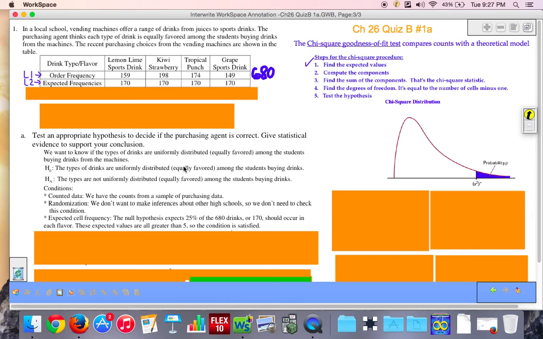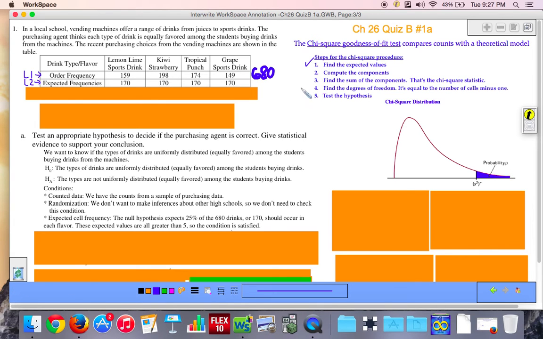Again, degrees of freedom is n minus 1, but in the chi-squared distribution, n represents number of cells. In our original data, we had 4 cells, so our degrees of freedom would be 4 minus 1, which is 3.